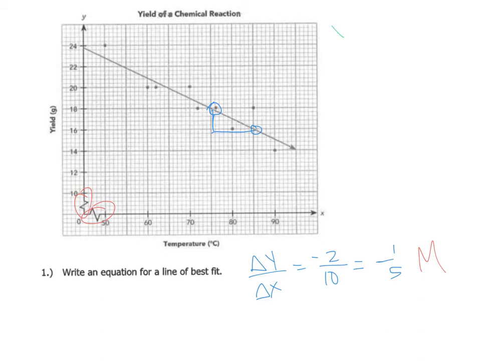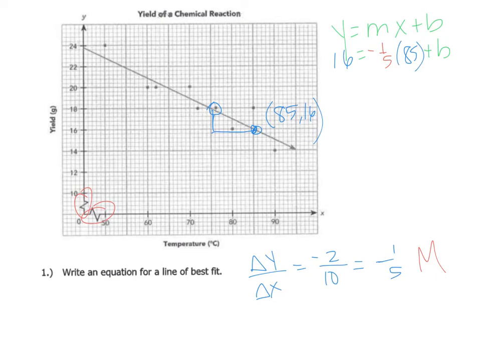So remember, y equals mx plus b. We now know our m is negative 1/5. We don't know b, but we can find an x and a y. We just pick one of our coordinate points. Well, this coordinate point right here is 85, 16. So our y is 16, our x is 85.